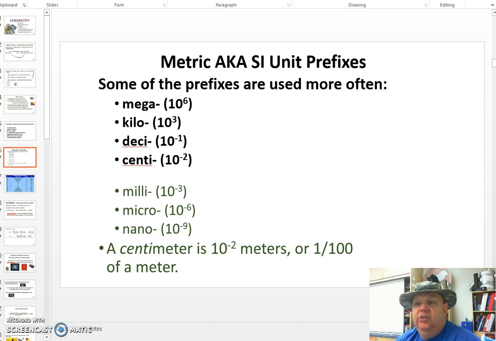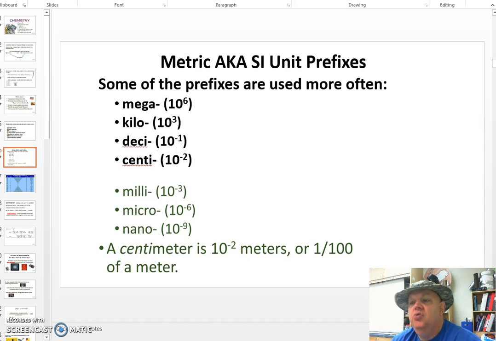So, prefixes. The cool thing about the metric system is it doesn't matter if it's volume or length or mass. The prefixes are the same. So you see quite the selection here, where you got mega. Most people are familiar with kilo, 1,000 of anything. Deci, 1/10.